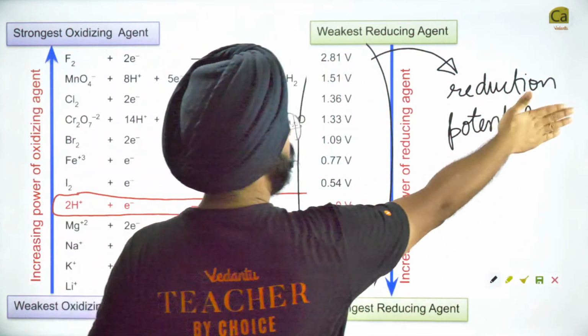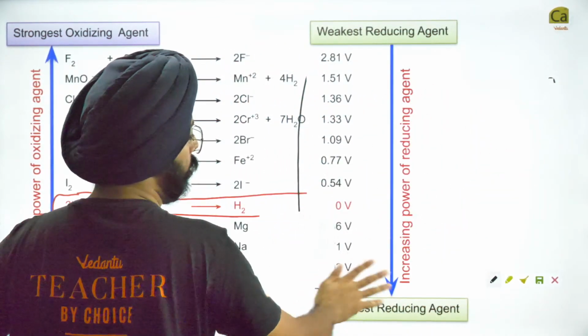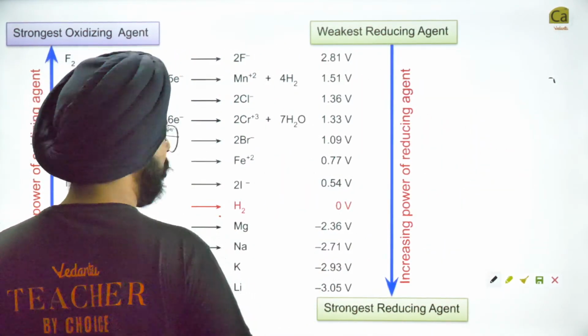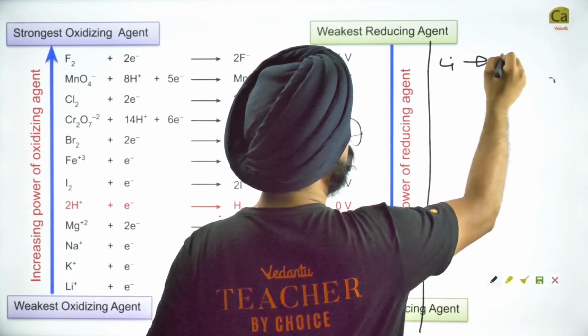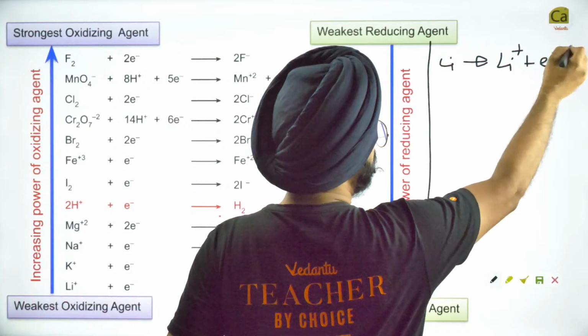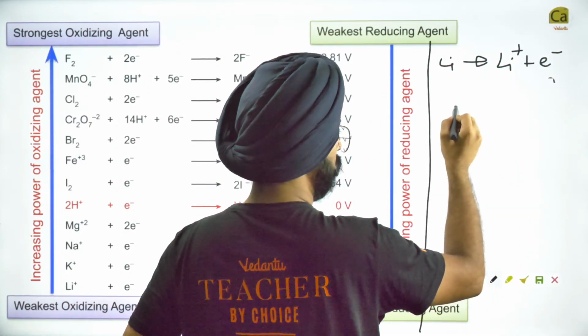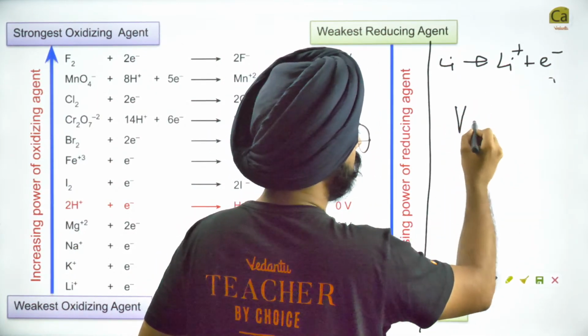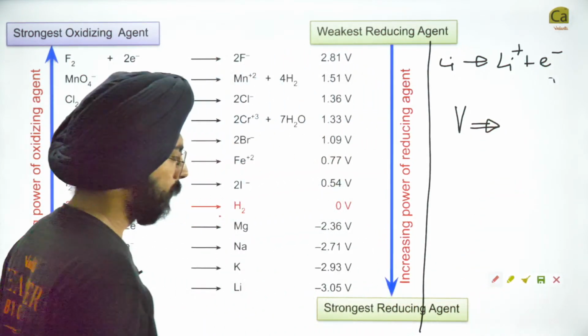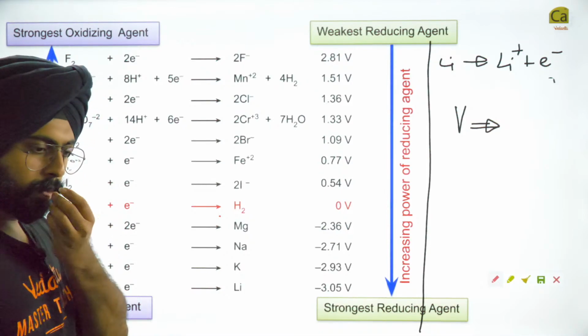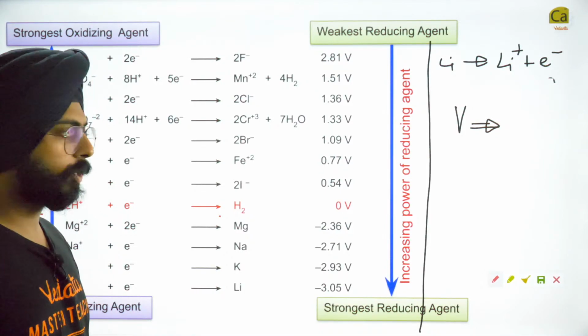Quickly, can you tell me what will be the electrode potential of this reaction? Lithium going towards lithium positive plus electron. What is going to be the voltage for this reaction? What will it be? Tell me. What is the electrode potential for this reaction?